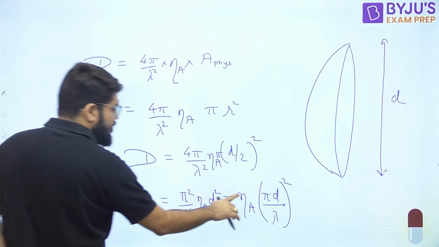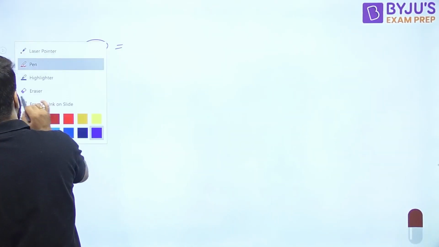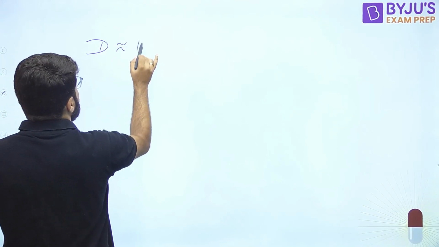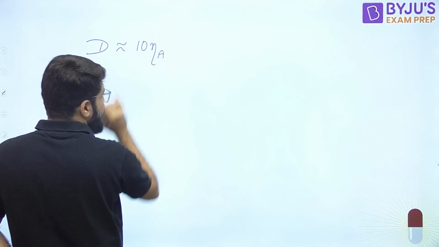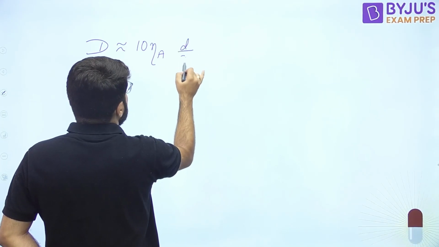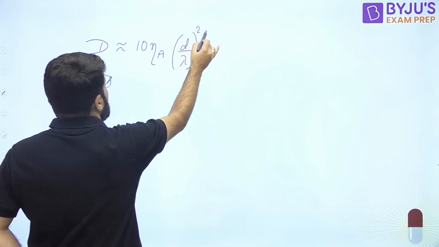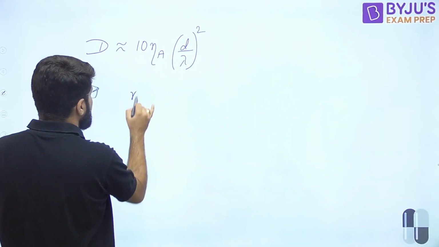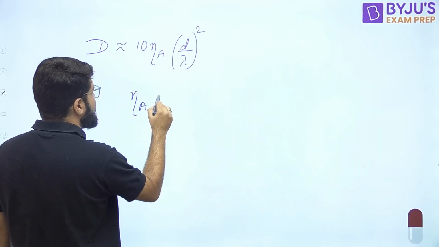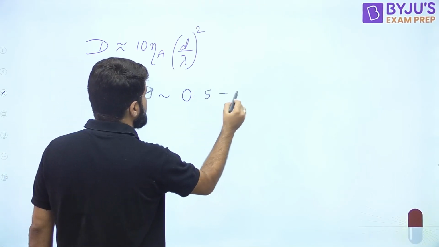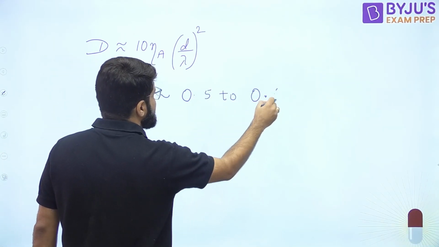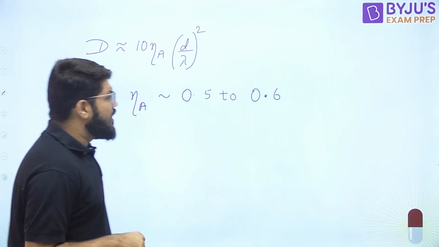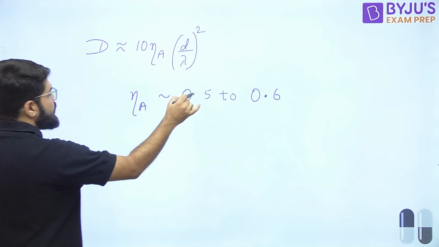The value of pi square is approximately 10. So approximately I can write down this result as 10 into efficiency, aperture efficiency, into d divided by lambda whole square, where this efficiency, for most of the practical reflectors, is commonly in the range of 0.5 to 0.6. 0.65 is the maximum aperture efficiency possible.